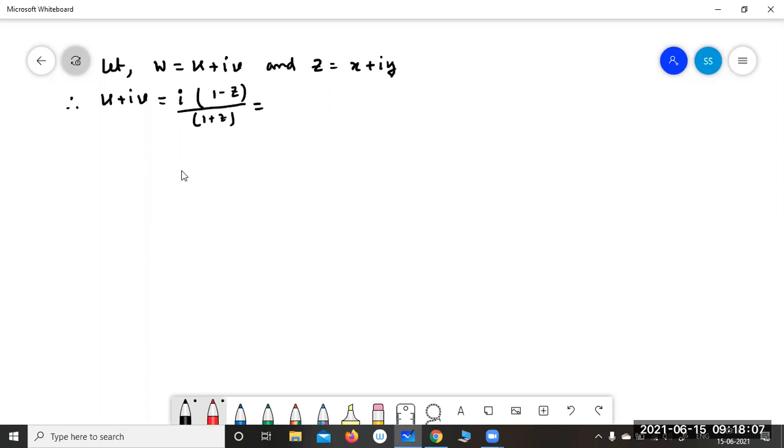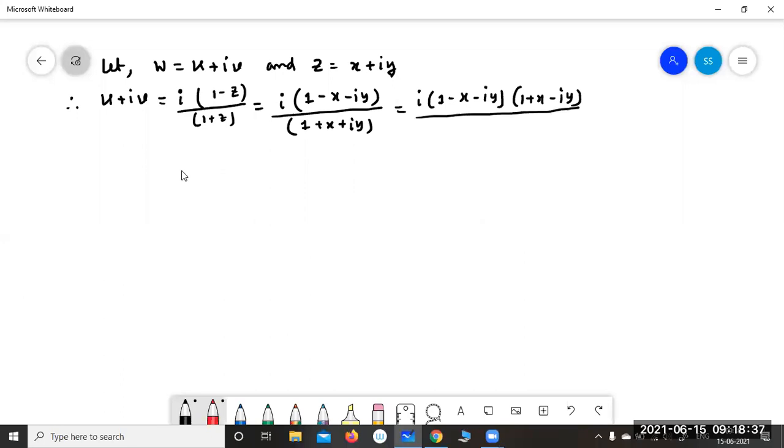Now put the value of Z here: I into (1 minus X minus IY) by (1 plus X plus IY). Clear? So from here, we multiply by the conjugate: numerator (1 minus X minus IY) into (1 plus X minus IY), and the denominator also the same, (1 plus X plus IY) into (1 plus X minus IY).